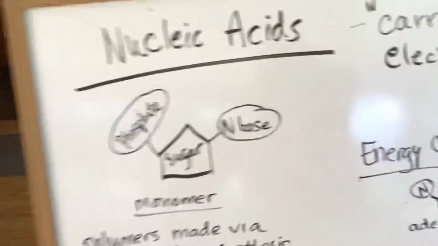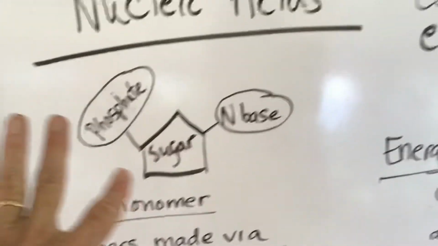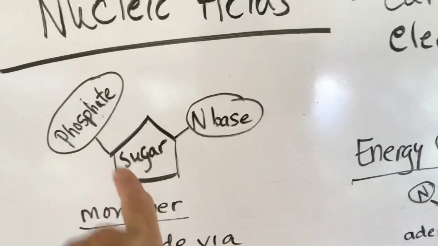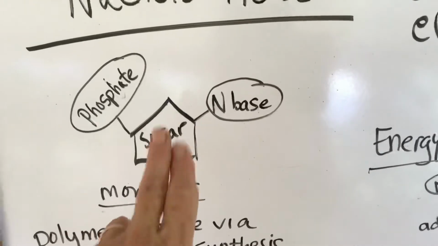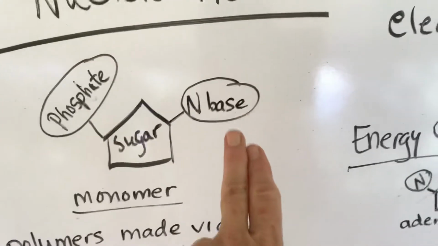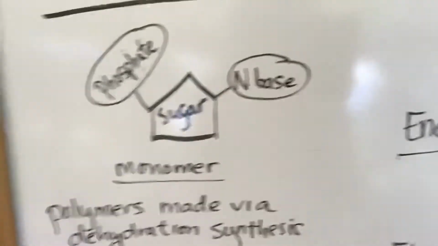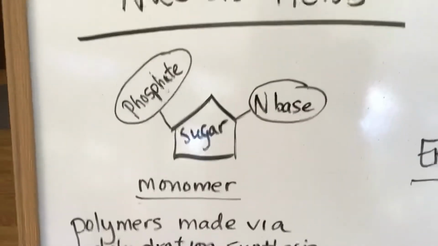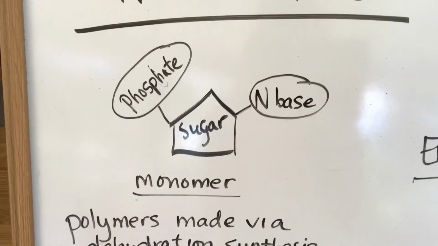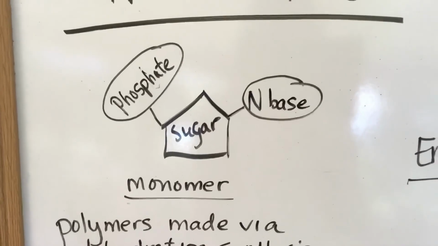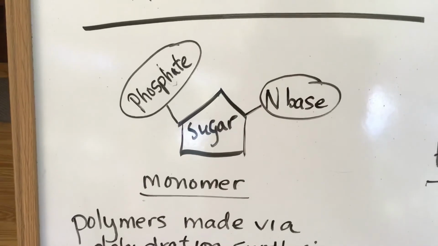Notice that nucleic acids, for example, contain a phosphate group, in addition to the sugar, which has carbon, hydrogens, and oxygen, and a nitrogen. All right, so if you were to look at a protein, what did it have that was different than this, or what was it lacking? So make sure that you are paying attention to that.